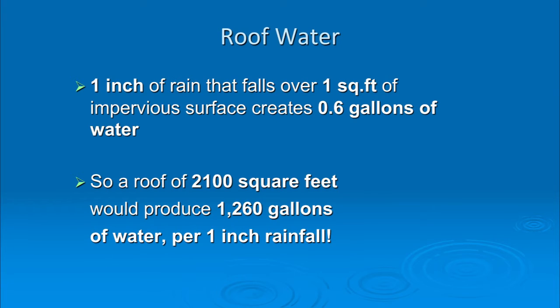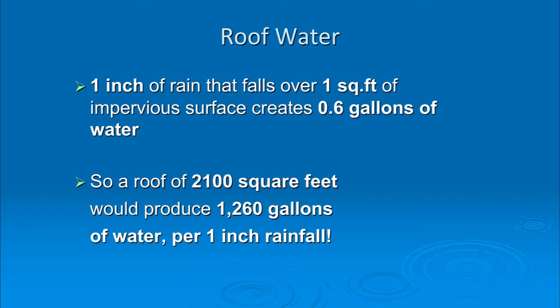So we have a 1-inch rainstorm over 1 square foot of that house. We're going to generate 0.6 gallons of water. Now, we don't often have 1-inch rainstorms, although we did have one last week. I think it was about 0.95 inches when it was done. But let's say we have 1/2-inch rainstorms and 1/4-inch rainstorms.